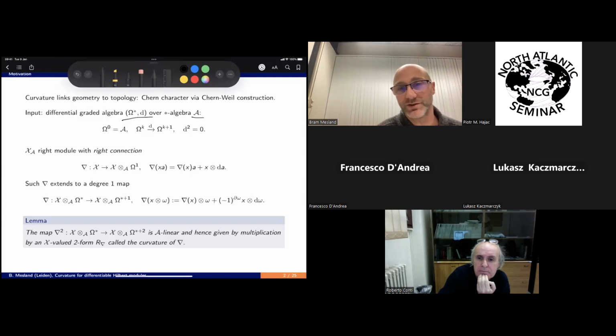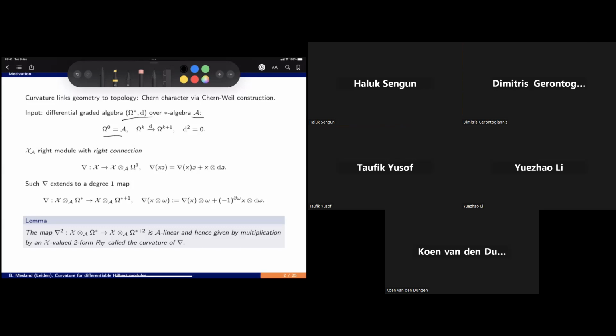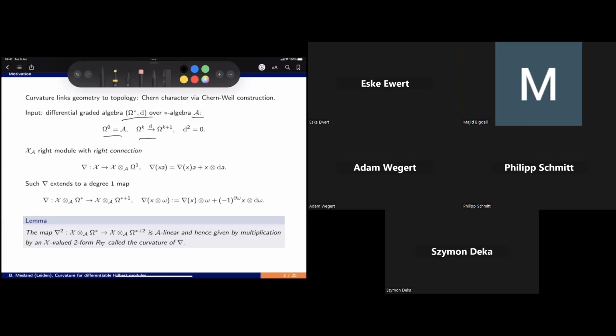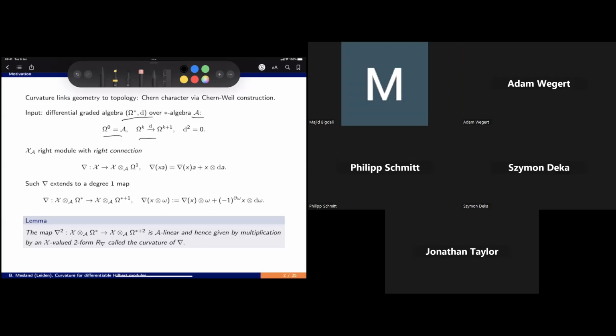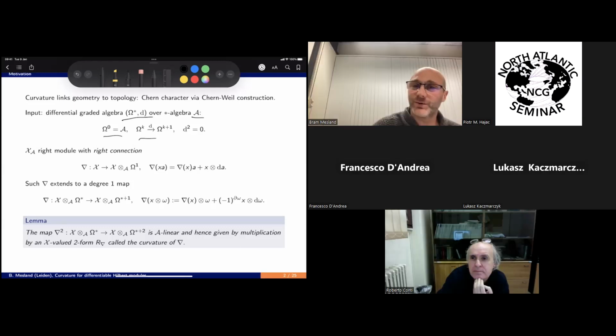So later on, some C-star algebras and so on will appear, but this curly A will always denote some fixed complex algebra that we have fixed from the start. And then a differential graded algebra is some graded object where the zeroth part is just A, and there is an operator d on this differential graded algebra of degree 1, and it squares to 0.